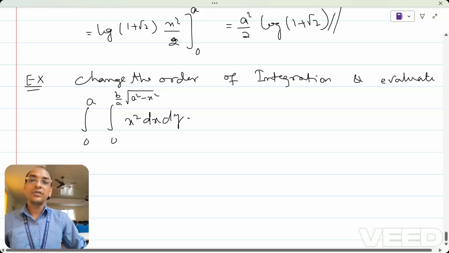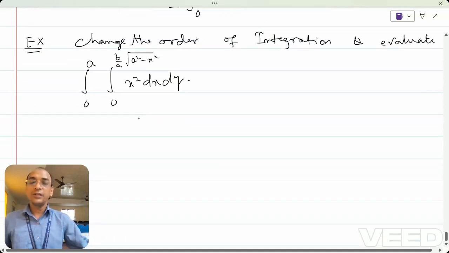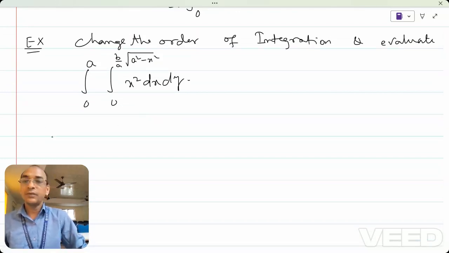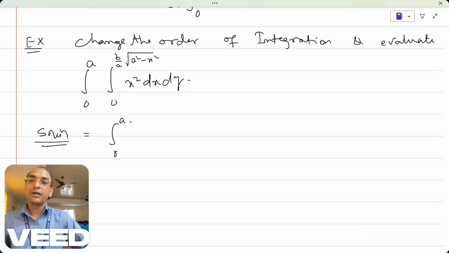Okay, so this is the problem. Now you see that in the question, first you identify what is the inner integral and what is the outer integral. So integration 0 to a, then integration 0 to b by a, root over of a square minus x square.